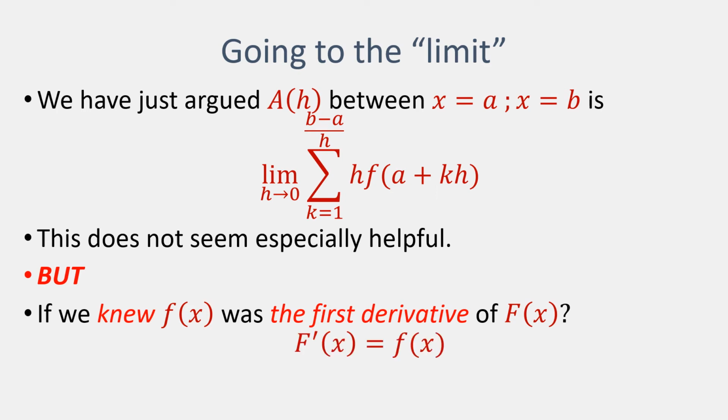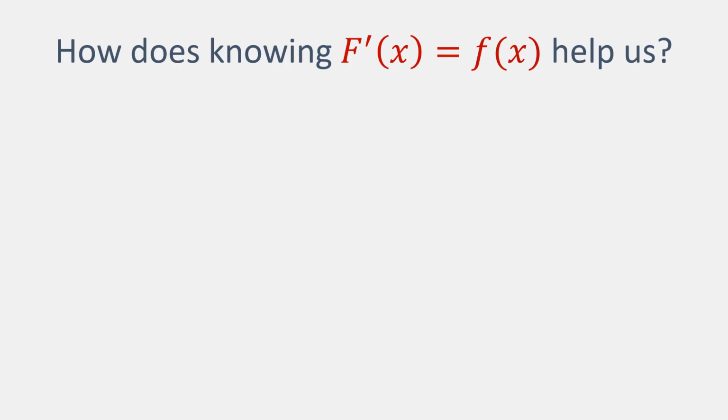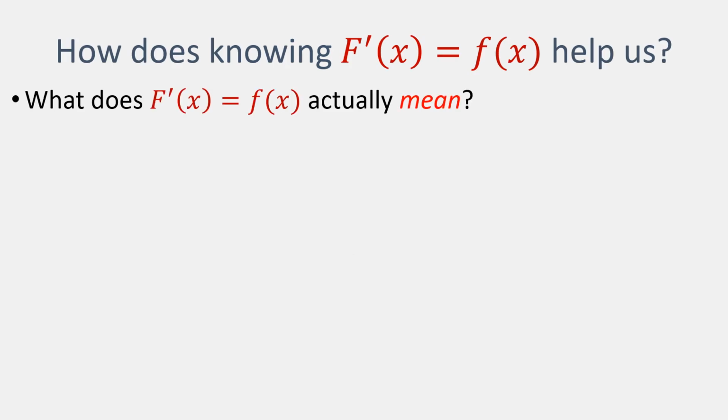So in other words, we take capital F of x, we form its first derivative, and the function we obtain is the function we started with, small f of x. How does that help? Well, in order to see how that helps, we have to go back and look at what does it actually mean for one function to be the first derivative of another function. What does that actually mean?